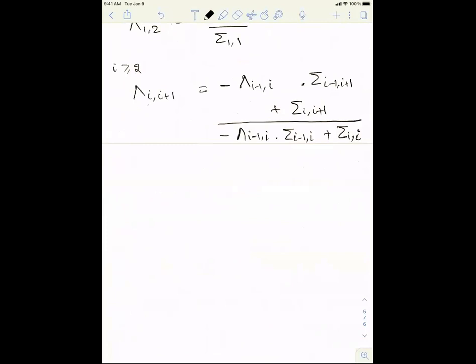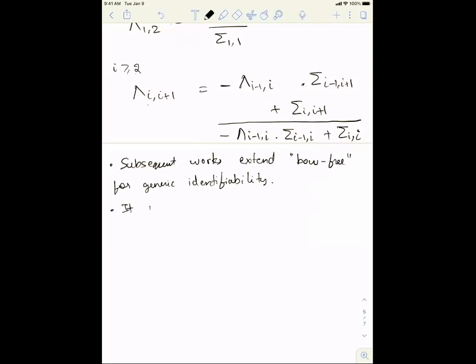Maybe let me write it: subsequent works extend Beaufryness for generic identifiability. But it's still an open problem what a necessary and sufficient condition is. It's still open.